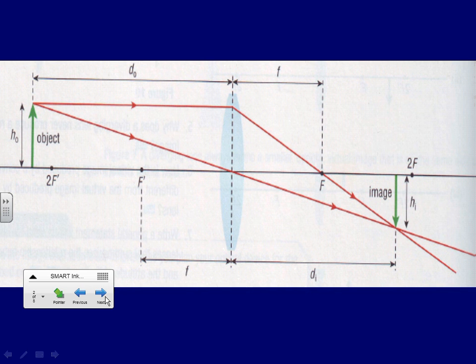And as we know from the previous lesson, where those two cross, that produces my image. And that distance out there, DI, from the lens out to the image is DI, all right?